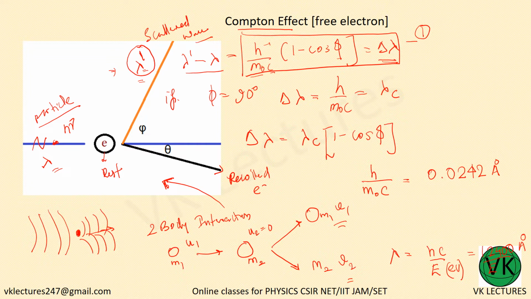Forget about the electron volt now; this is 12400 by E, this much angstrom. Now how do you get this formula? Energy is equal to h nu. Nu you can write as c by lambda. So lambda is equal to hc by E.